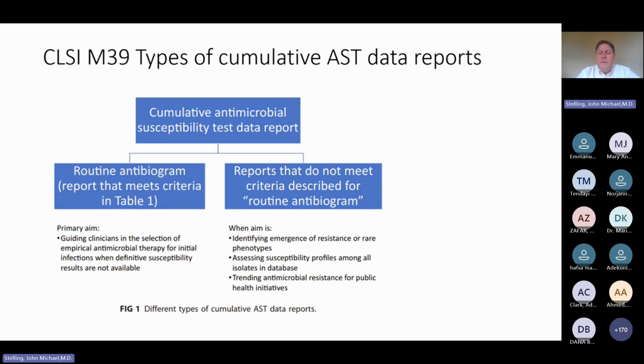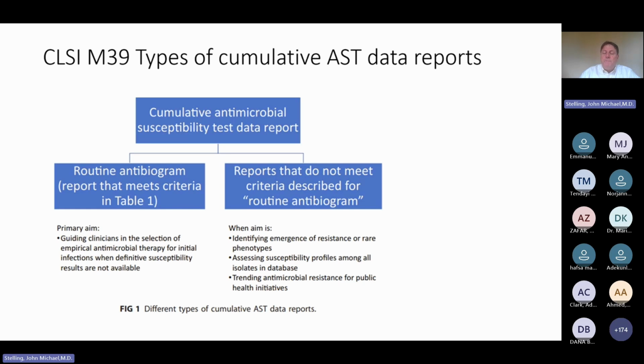The second one, reports that do not meet these routine criteria. When you have a different objective, when your goal is not therapy guidelines, but identifying emerging resistance. So if you take the first isolate, that is valuable for empiric therapy decisions. But you might miss if a patient has a CRE, a carbapenem-resistant Enterobacterales, as their fourth E. coli, that particular isolate will be missing from the routine antibiogram from that patient.